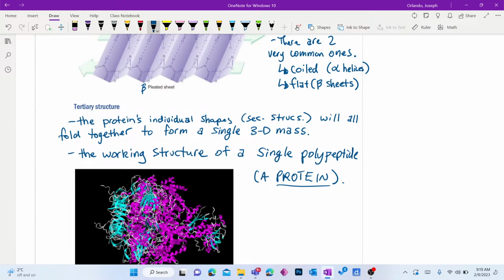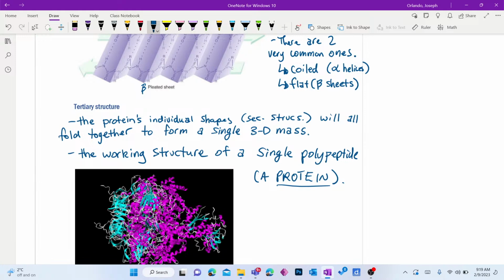You make a big long chain of amino acids. Because of their chemical and physical properties, they fold together into small local shapes. All of those small local shapes fold together to make one big massive molecule. And that is a single molecule. It's actually a single chain. If you could disentangle it, like your big mass of Christmas lights, this could be stretched out back into a single chain. But it is incredibly folded in on itself.